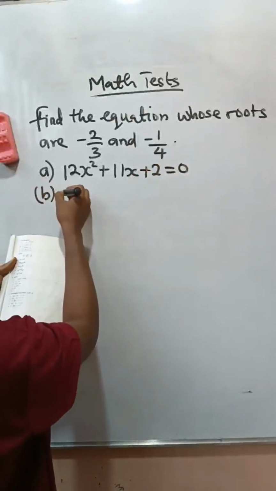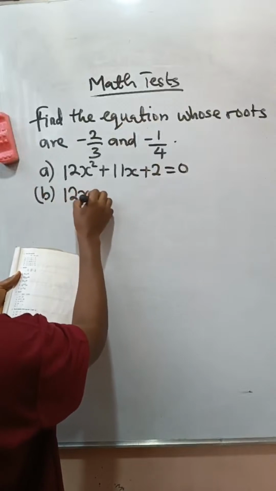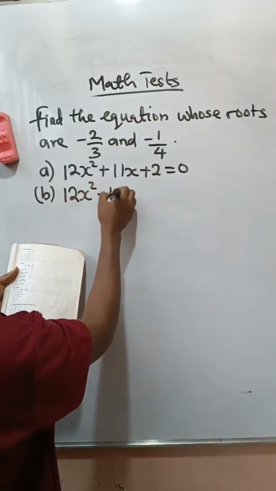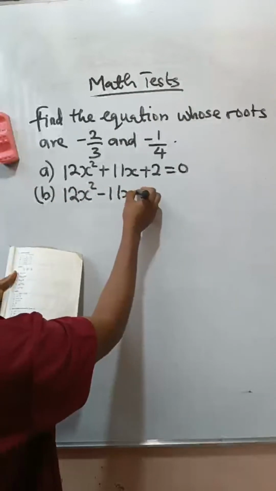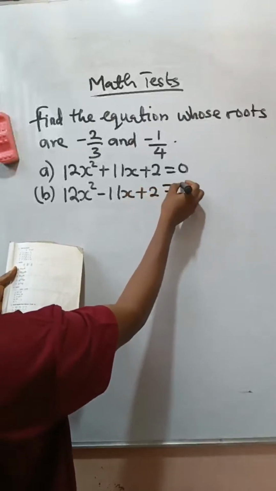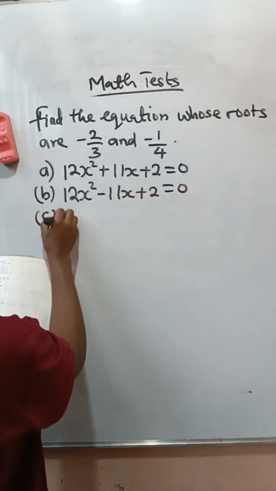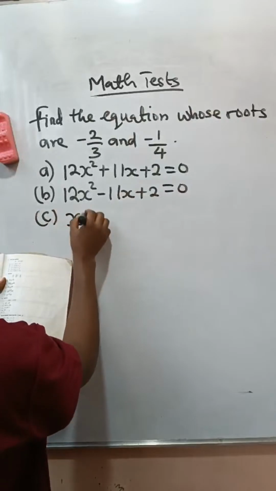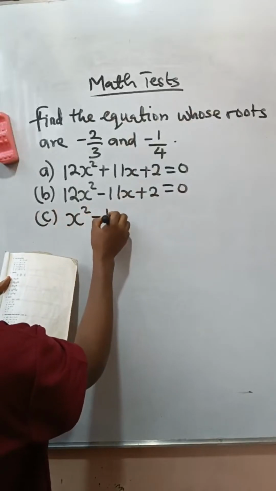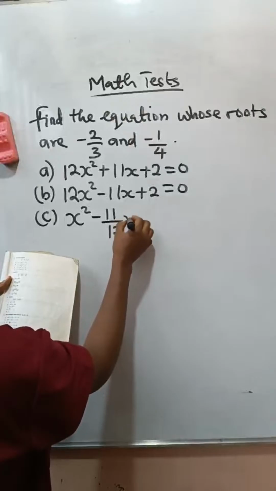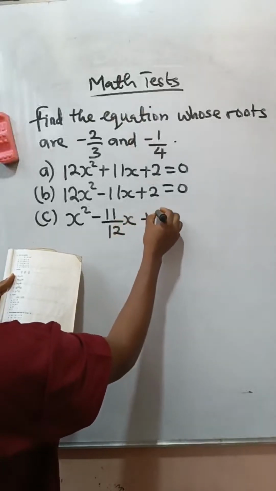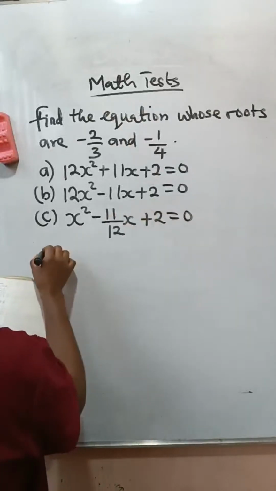Option B, 12x squared minus 11x plus 2 equals 0. Option C, x squared minus 11 over 12x plus 2 equals 0.